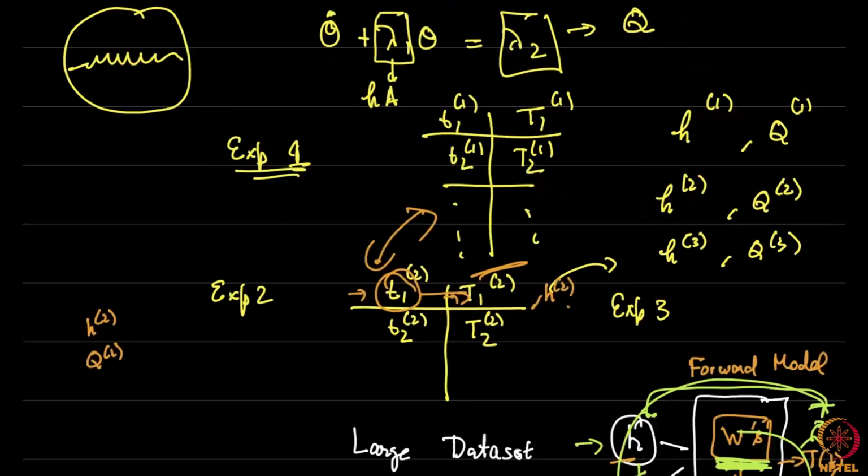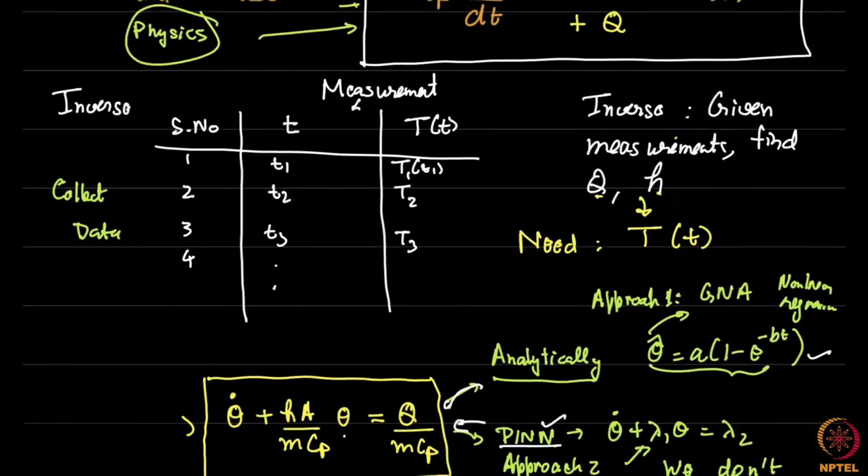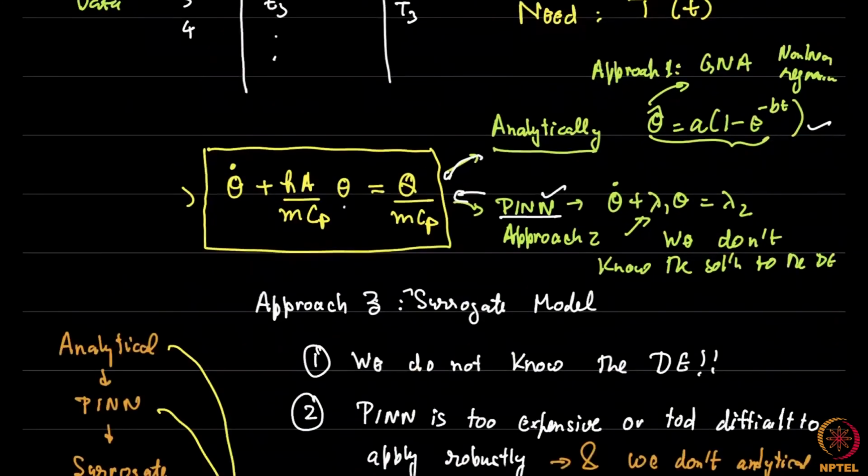So notice the differences between these three approaches. In the first approach, you really have no new parameter to discover. You just know that these two were the unknown or free parameters left within the analytical model. You have only as many parameters as are unknown physically in that specific inverse problem. In PINN, once again, you have these two parameters, but theta is expressed as a neural network.